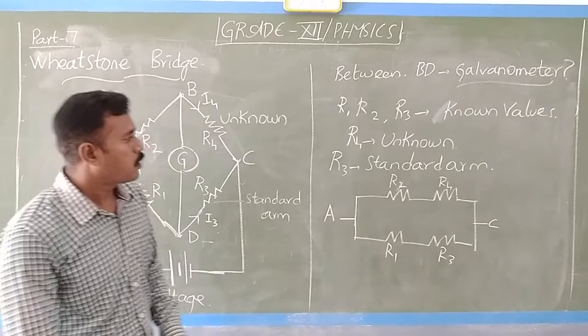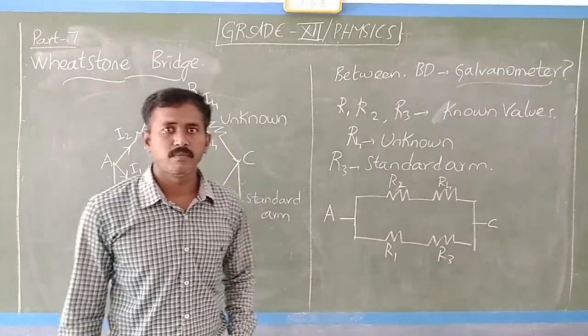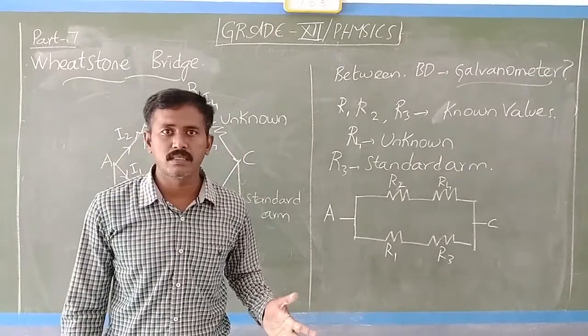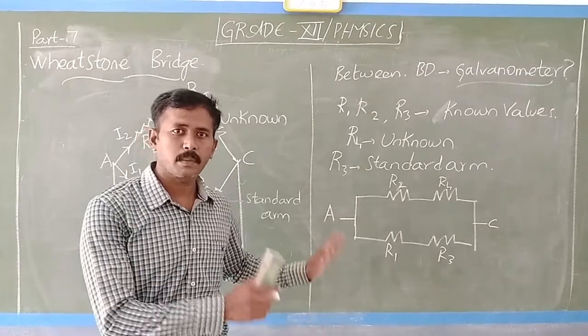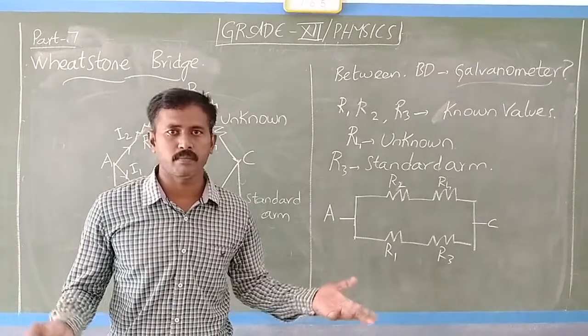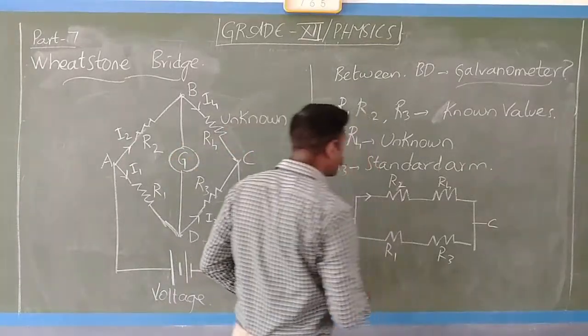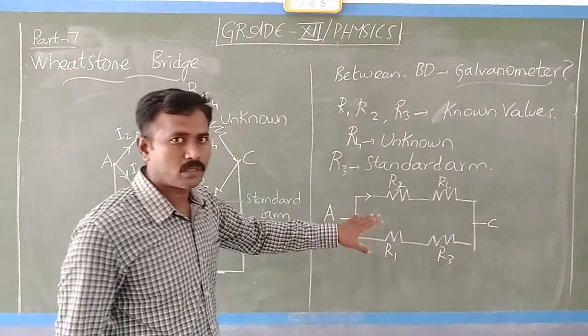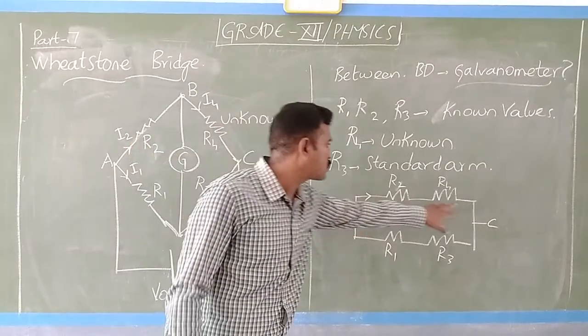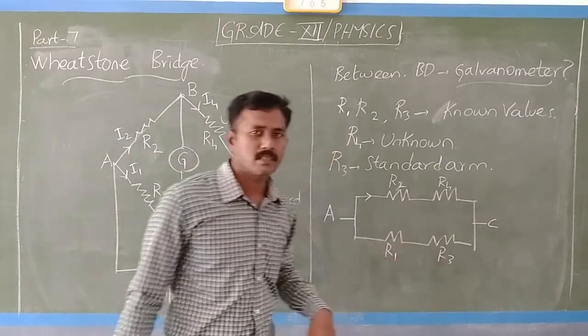What is the concept of series? If 2 resistors are in series, the current passing through both resistors is the same. So for the same current to pass through, the potential across the 2 points should be the same.